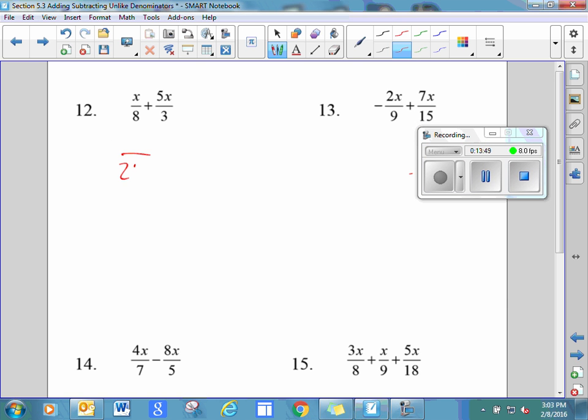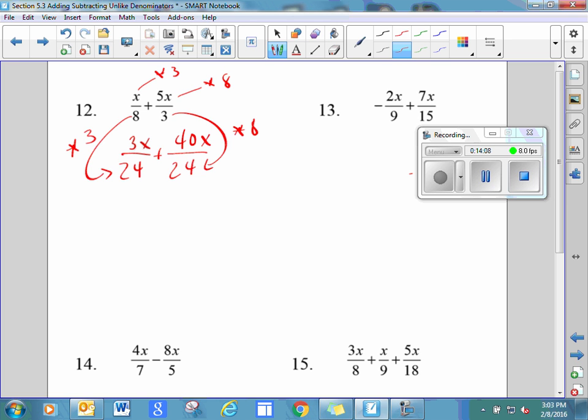Okay, so 8 and 3, obviously those are not common denominators. I think most of you know that 24 is probably the LCM, so we'll just go directly there. 8 times 3 is 24, so x times 3 is 3x. 3 times 8, 5x times 8 gives you 40 of the x's.